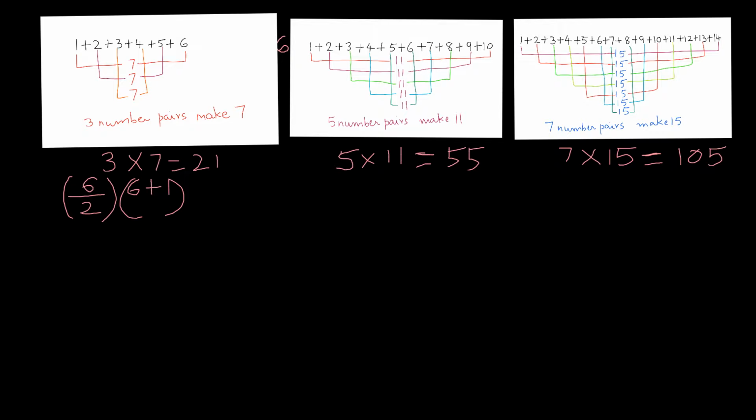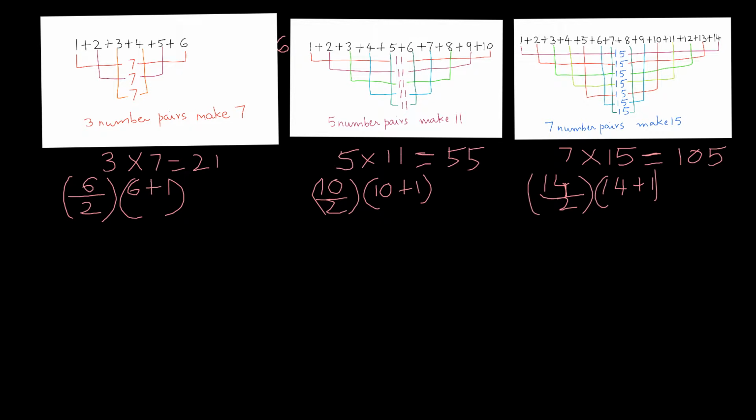Now let's see over here. This is going to be 10 times 2 multiplied by 10 plus 1. And this is going to be 14 times 2 multiplied by 14 plus 1. Right?